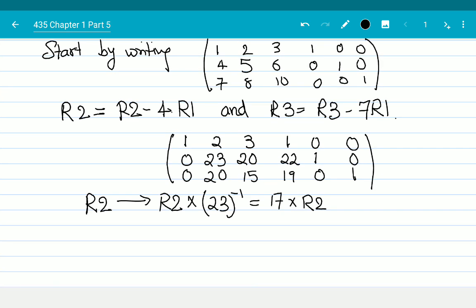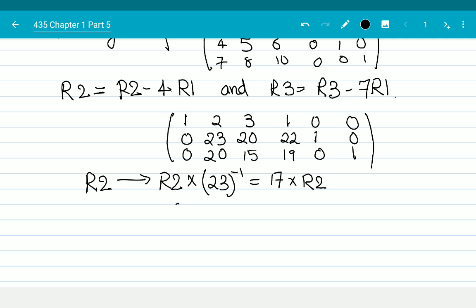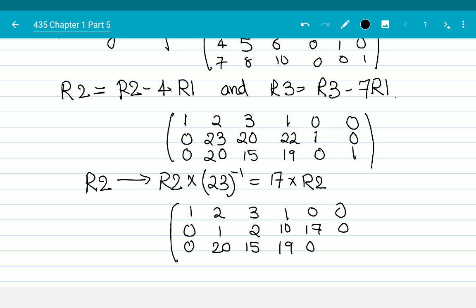Okay, and so multiplying the second row by 17, I get 1 2 3 1 0 0, 0 1 2 10 17 0, 0 20 15 19 0 1.